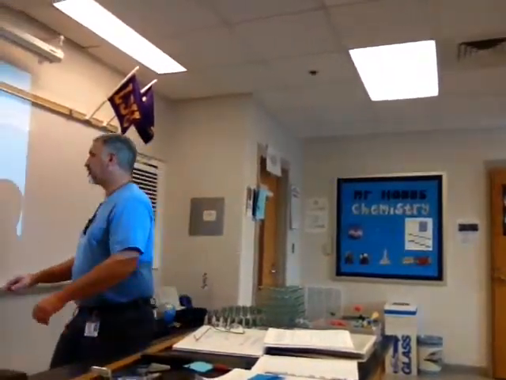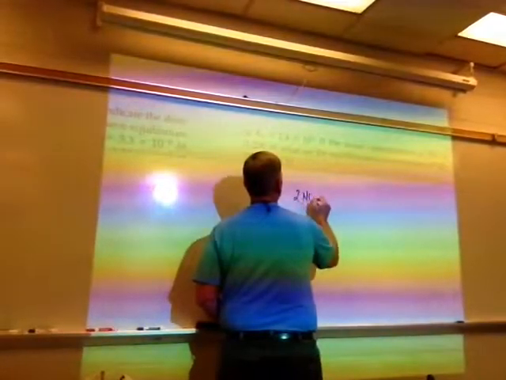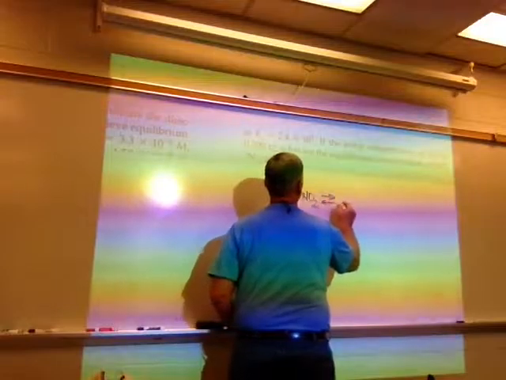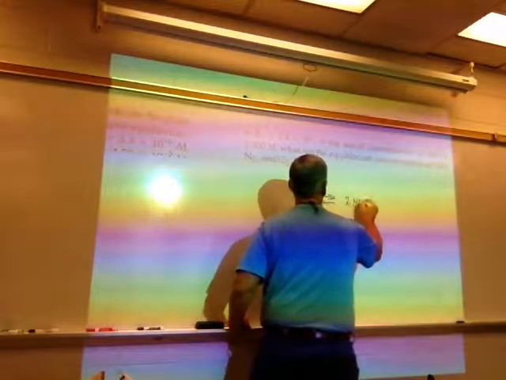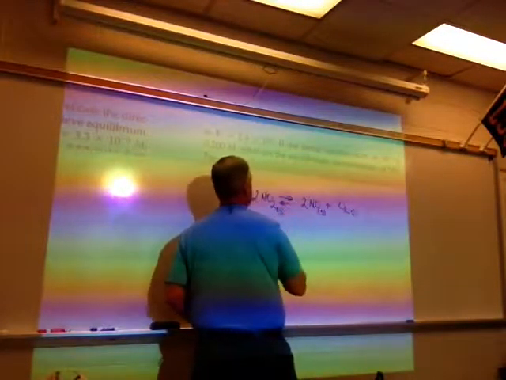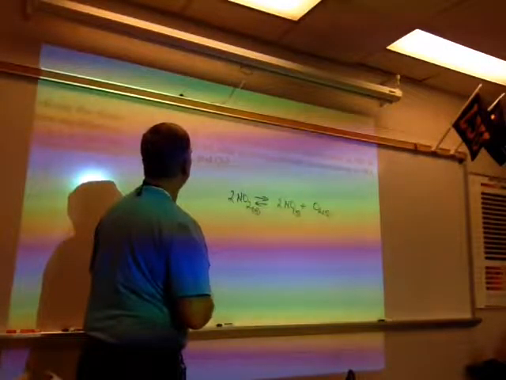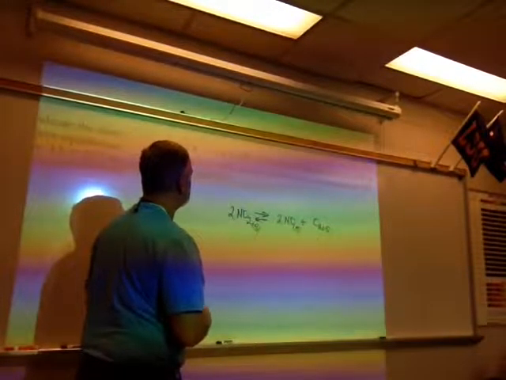So the equilibrium expression is 2 NO2 going to 2 NO plus O2. It says if the initial concentration of NO is 0.2, actually I think it's the other way.